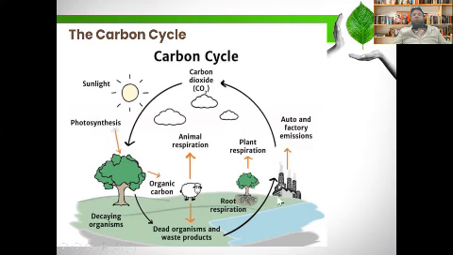Now there is another source of CO2, that is the industries, where so many products are being made, and they are releasing a high amount of carbon dioxide gas. This carbon dioxide gas again becomes part of the environment. So this is how the level of CO2 is maintained in the atmosphere.